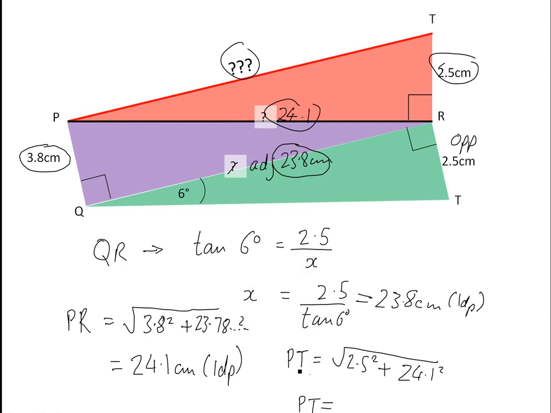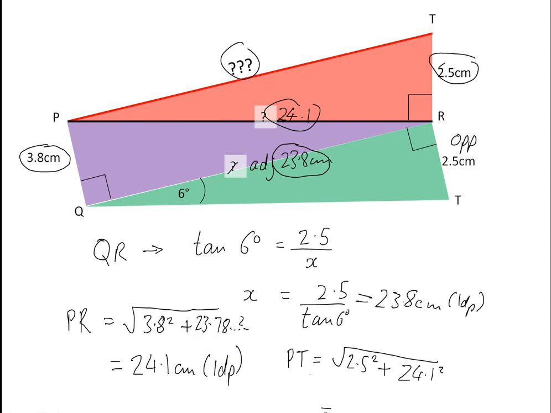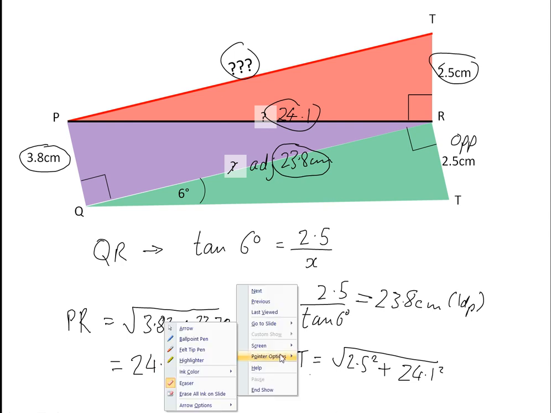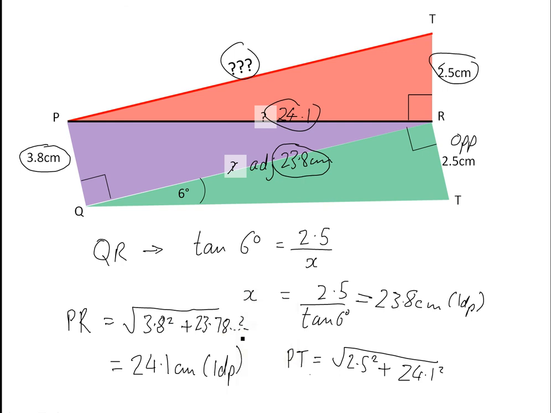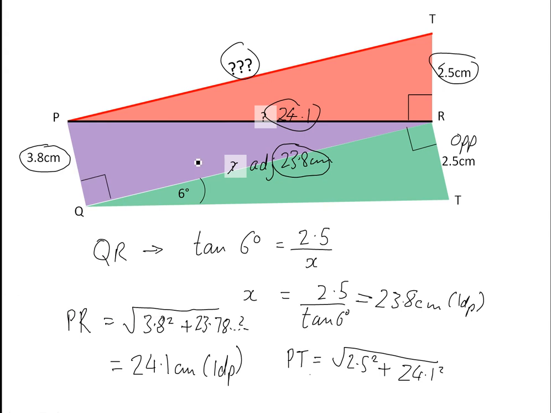I need to write that a bit higher. So square root of 2.5 squared plus answer squared. I've done it again using the old answer, and I get 24.2 to one decimal place.